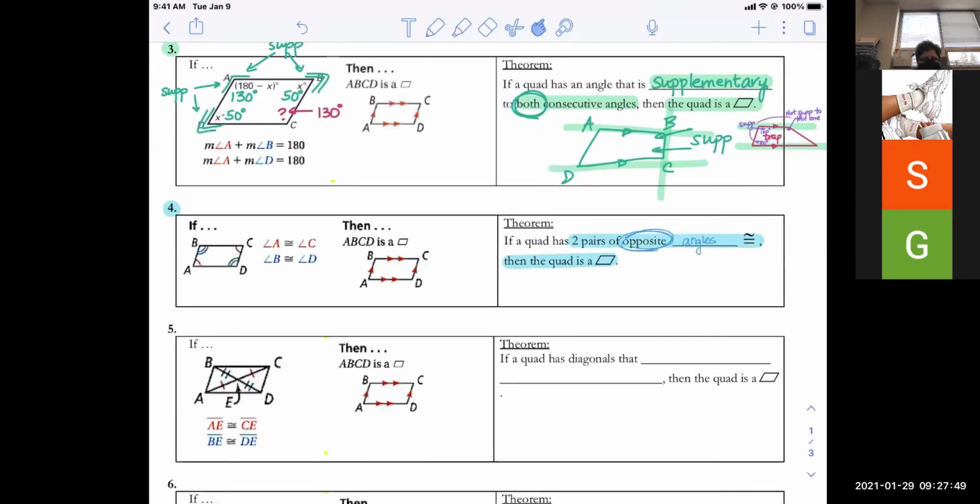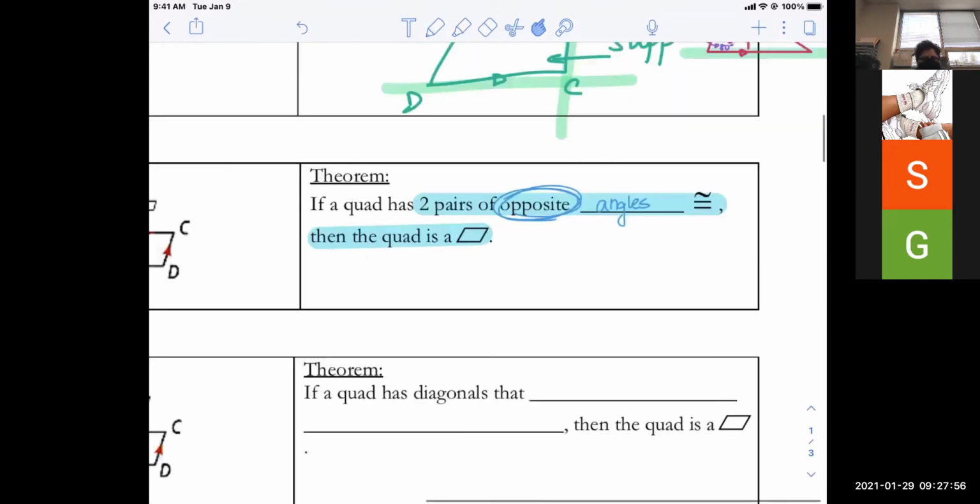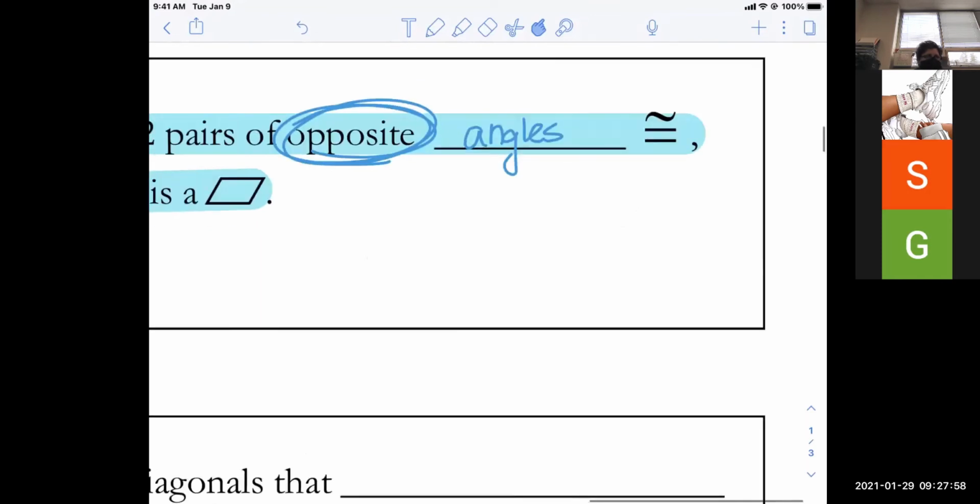For way number 4, two pairs of opposite angles congruent, the reason it's important to say opposite is, sorry, let me try it again.